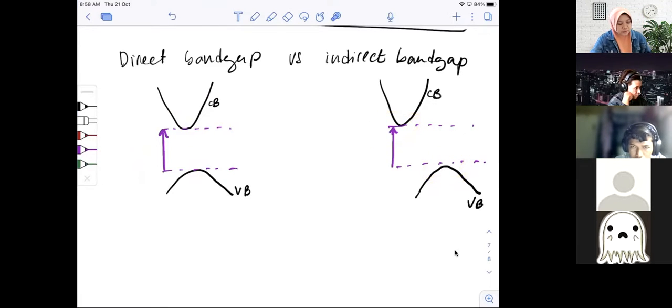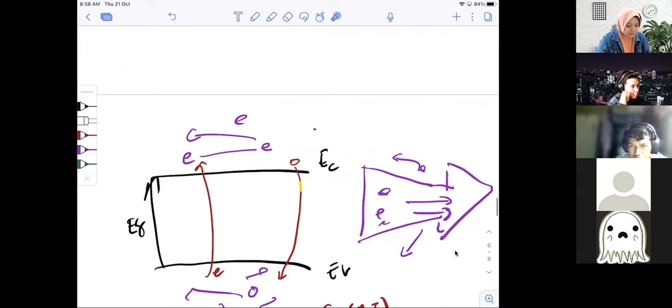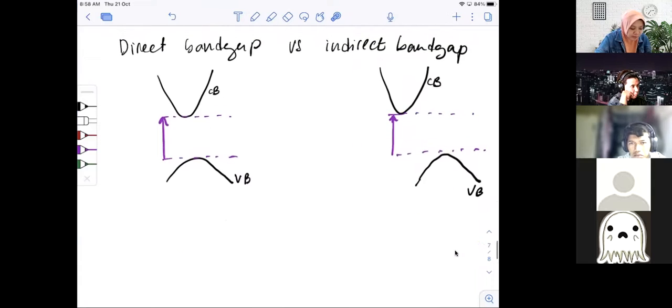But when we draw the devices later on, we don't draw it like this. If it's direct or indirect band gap, it will still look like this. We just extrapolate, so in the end we just take this part. So how do we know whether it's direct or indirect band gap?